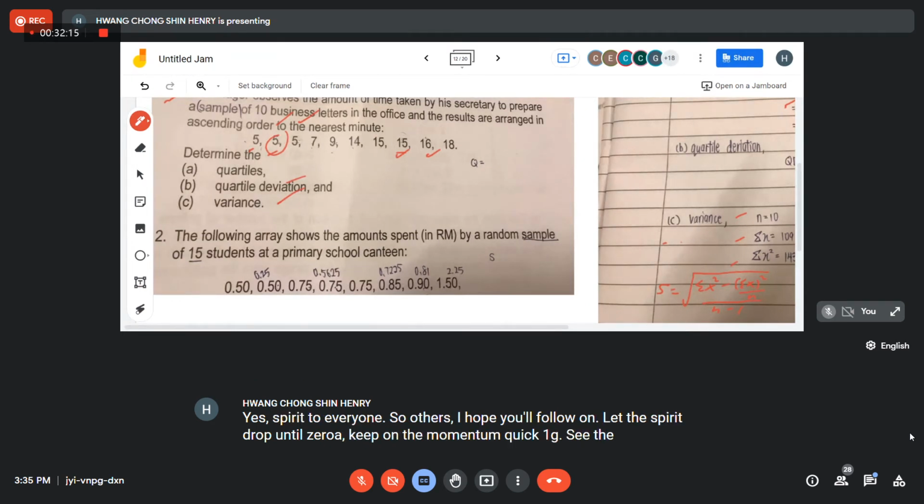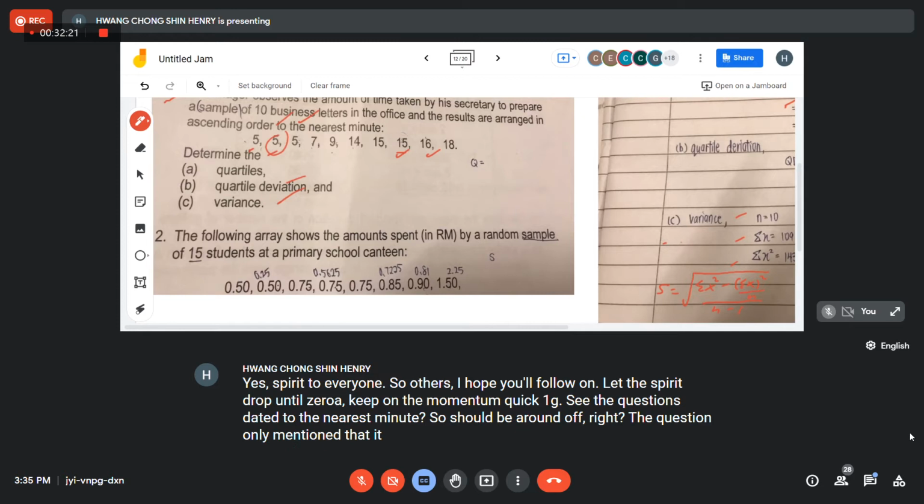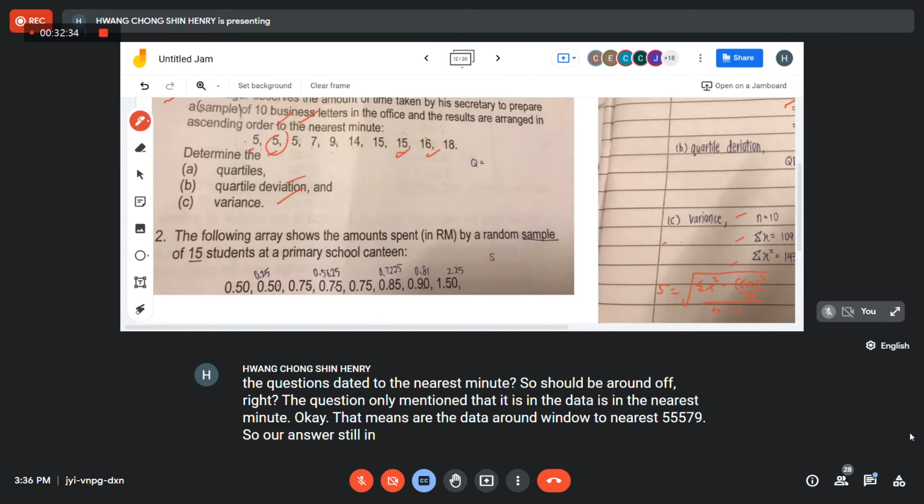Quick one. The question stated to the nearest minute, so should be rounded off, right? The question already mentioned that the data is in the nearest minute. That means the data is rounded up to the nearest minute. So our answer is still in point form because of the point form quartile 1 and 3.